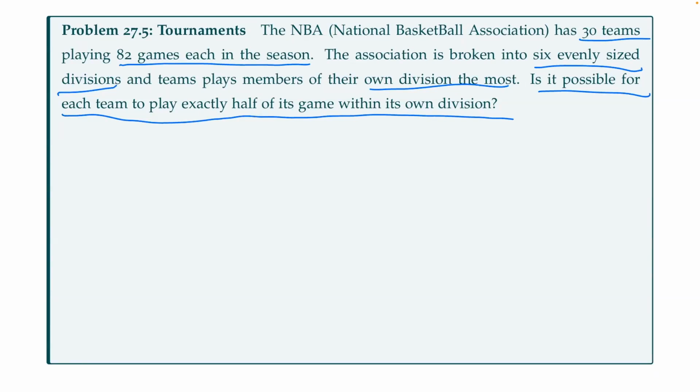So this is like a scheduling nightmare for the people that have come up with this. How do we divide up the games that occur within a division, within a conference, and between conferences? It's a little bit tricky, but we can use what we know about graphs to understand this problem. So how do we do this? Well, as you have just calculated, there are 5 teams in each division.